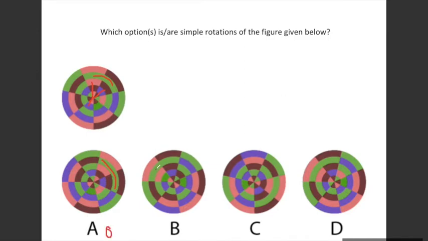B, is it possible? No, this part is wrong. That is wrong already. There itself, it gets eliminated. In C, these rings are corresponding.